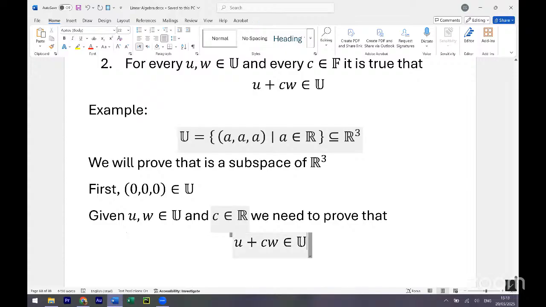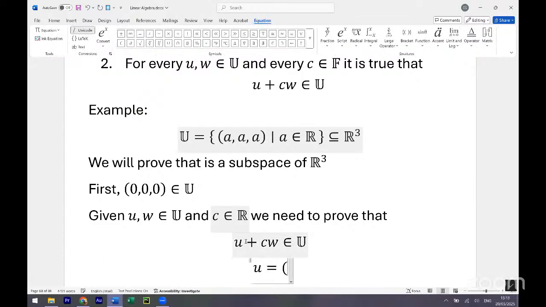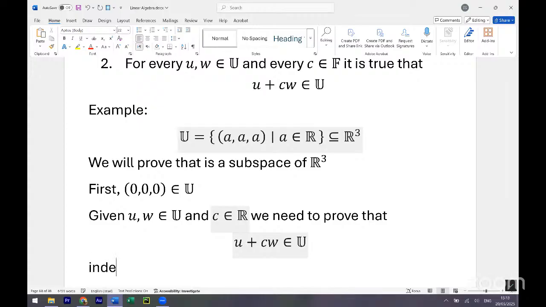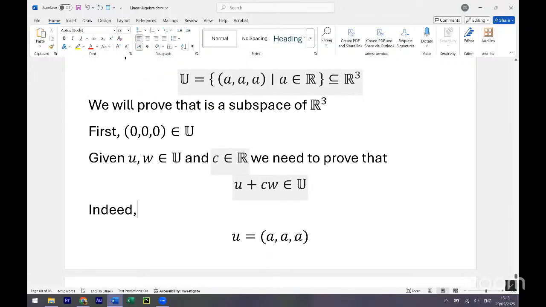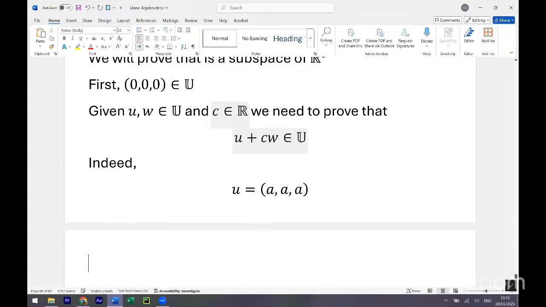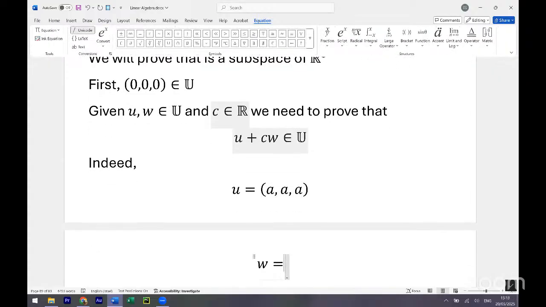U is (a, a, a). What is W? (b, b, b), some other number. Or possibly another number. Maybe W is also (a, a, a), but it's any b.